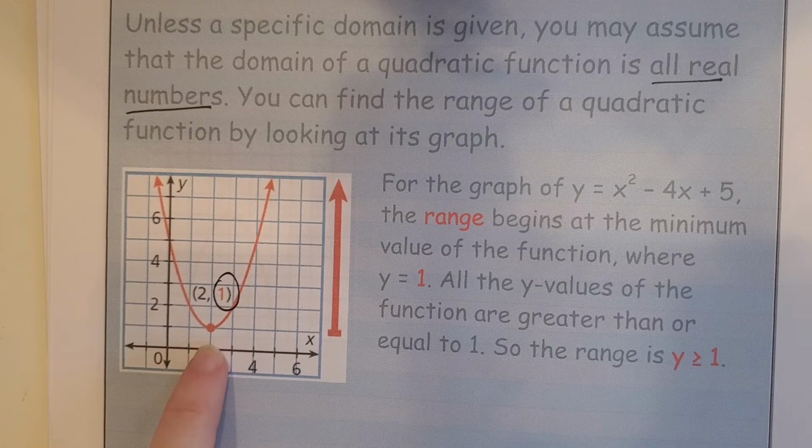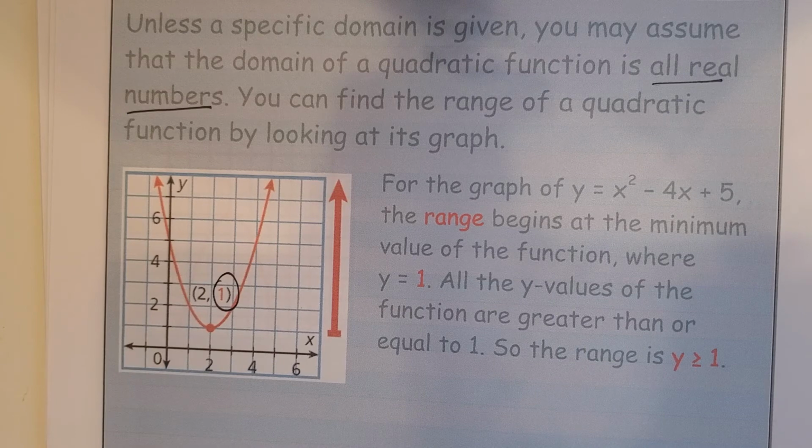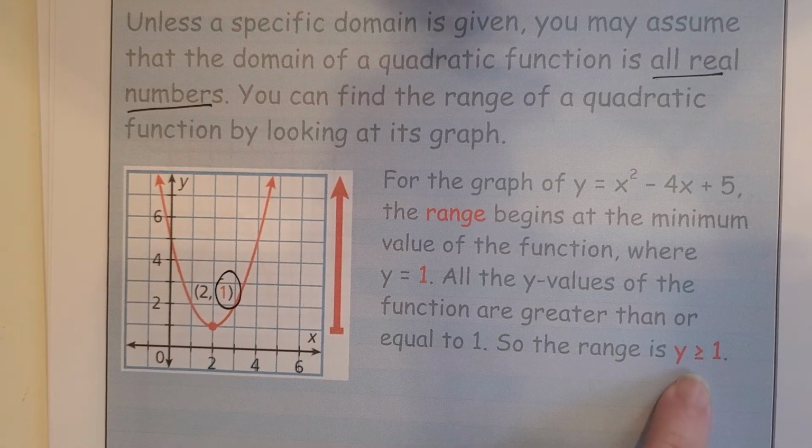When we talk about inequalities, if you remember, we did this a really long time ago, writing the domain and range for stuff like this, a filled in point is either less than or equal to or greater than or equal to. You would need that line underneath the inequality symbol. So your options for writing the range are either less than or equal to, or greater than or equal to.